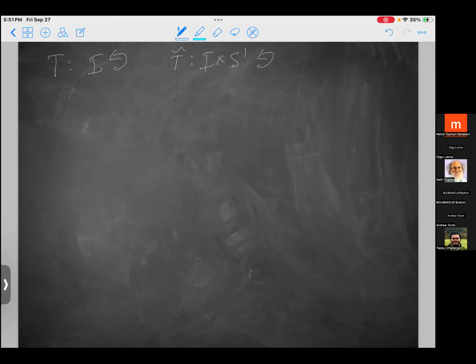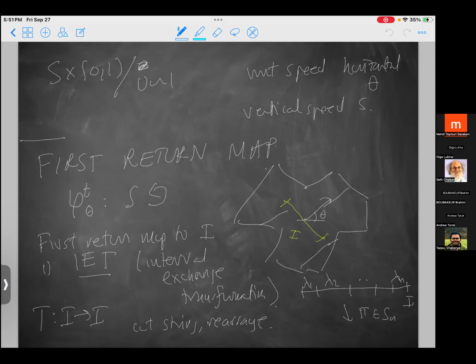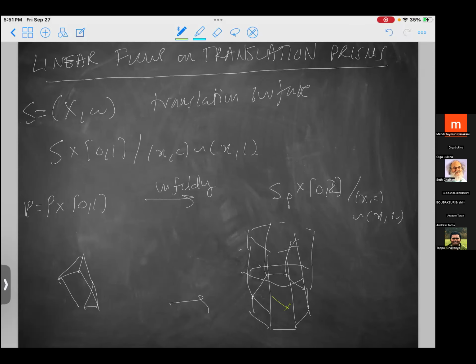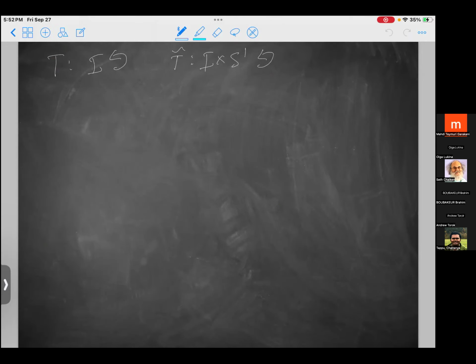That's a map where I see when I've come back to the space. So in this old picture, I took some interval in my surface and thickened it, and now I have the first return map on it. I flow and I come back to it. And this is what's going to be called a skew product.